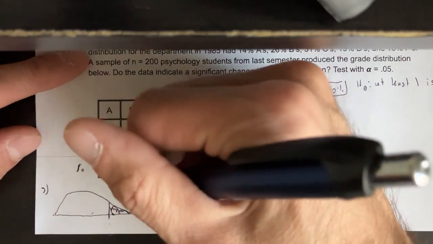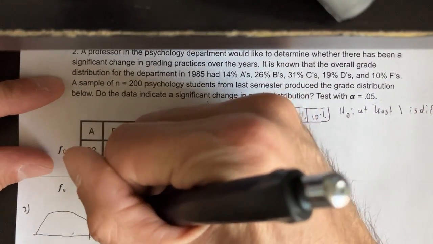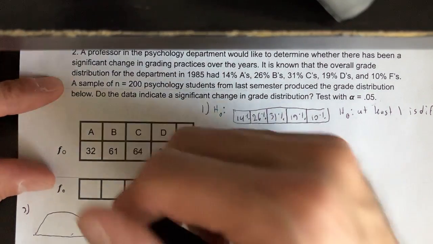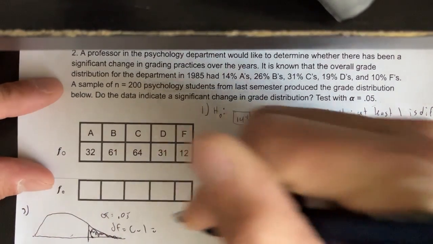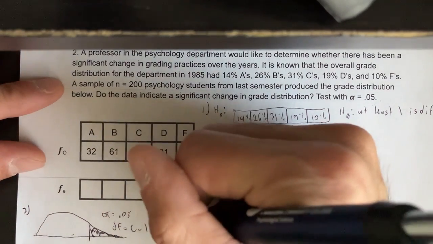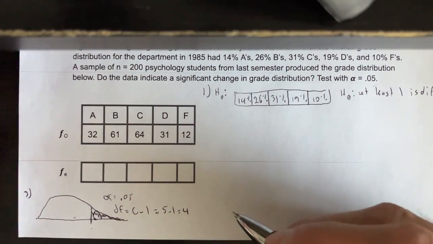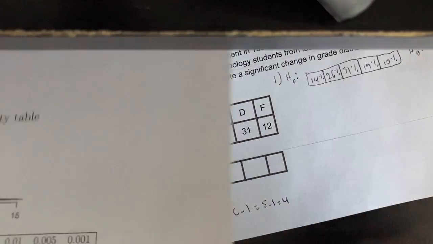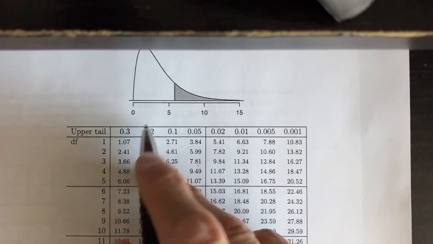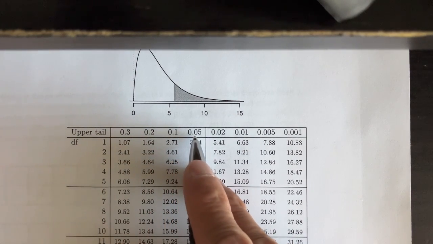For that, we're going to need to know the alpha level, which was given to us as 0.05, and the degrees of freedom, which for these sorts of problems is the number of categories minus 1. For this one, we have 5 categories, so that's 5 minus 1, so our degrees of freedom is 4. Now we're going to look up in our distribution table, look at the top row and scan for the alpha level, 0.05.